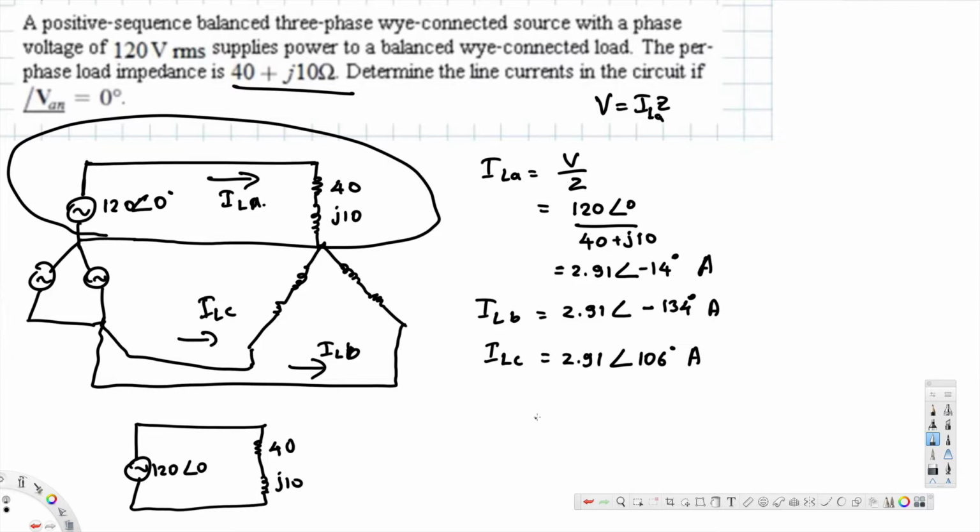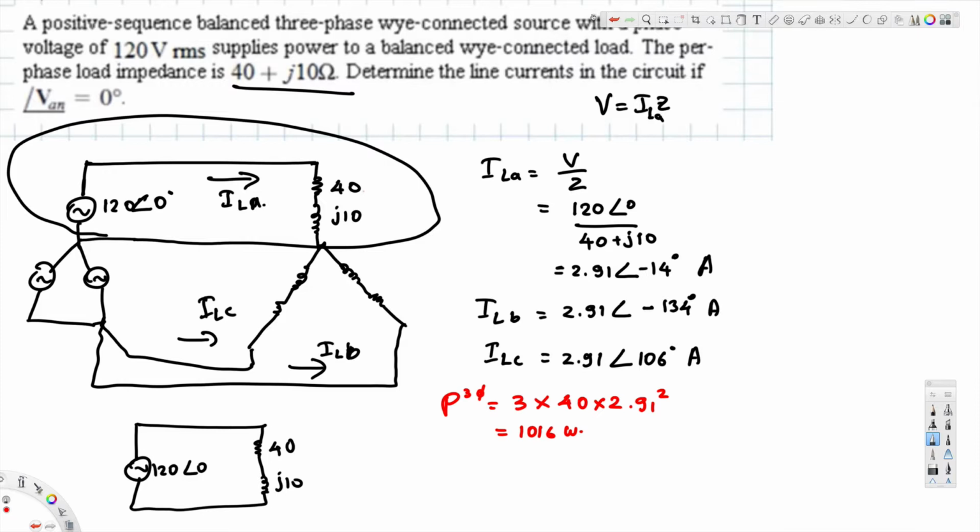Now the next thing is total three-phase power absorbed. That's going to be P three-phase, and that's going to be 3 times the real part of the impedance, that's 40, times the IRMS current squared, that is 2.91 squared, and that gives us 1016 watts.